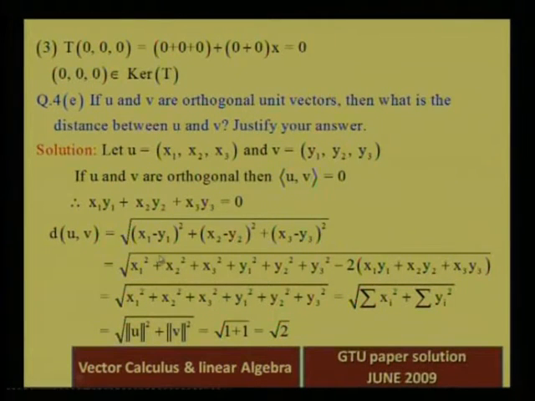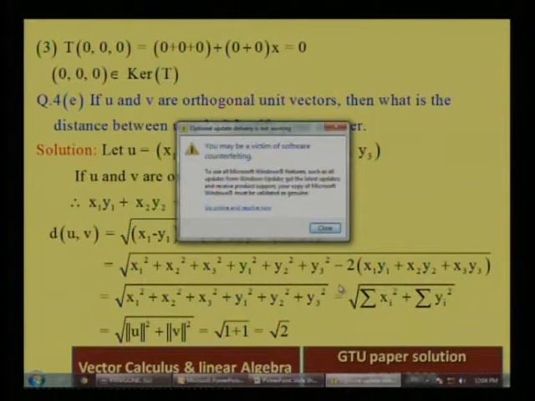Now simplify this equation, that is equal to under root x1 square plus x2 square plus x3 square plus y1 square plus y2 square plus y3 square, and next we get minus 2 x1 y1 minus 2 x2 y2 and minus 2 x3 y3. So these three terms together we can write as minus 2 into (x1 y1 plus x2 y2 plus x3 y3).